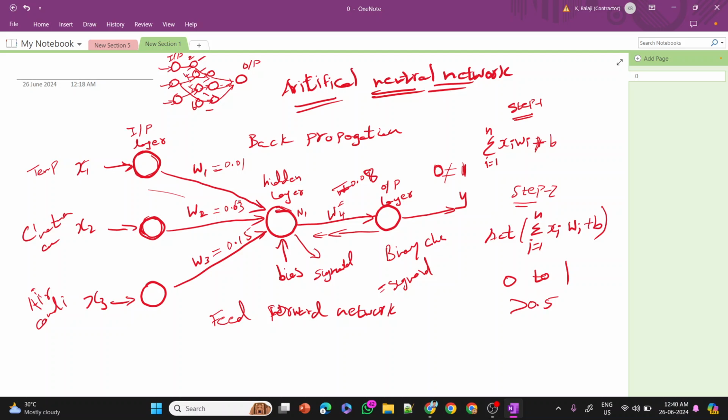Whenever we update the weights in a backward manner, from output to input, it is called backpropagation. This weight update happens by using the chain rule.